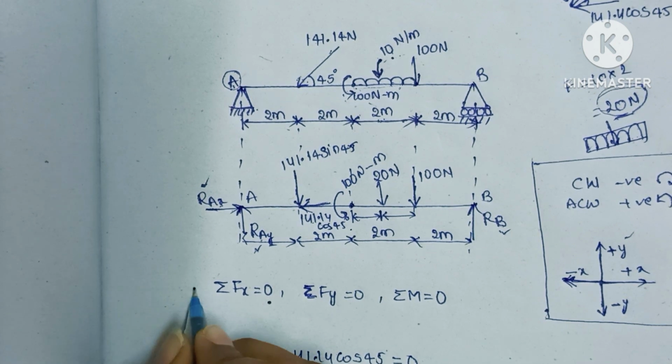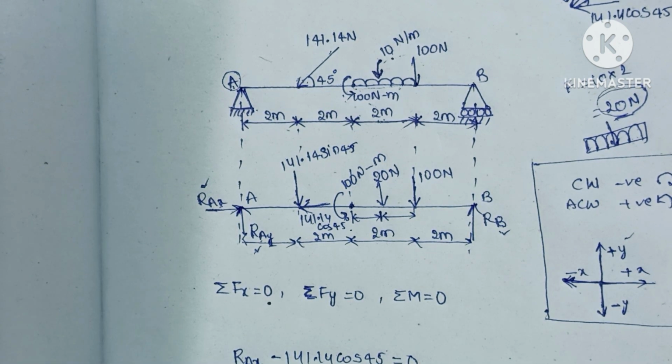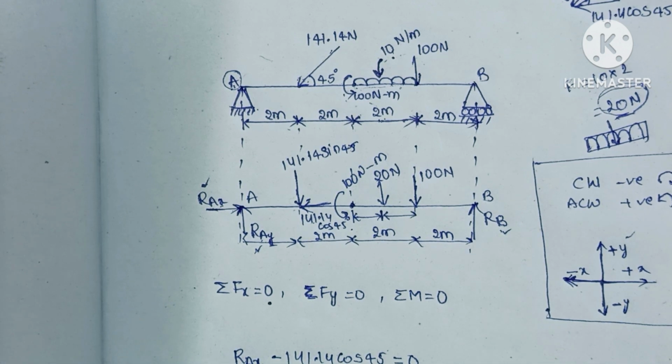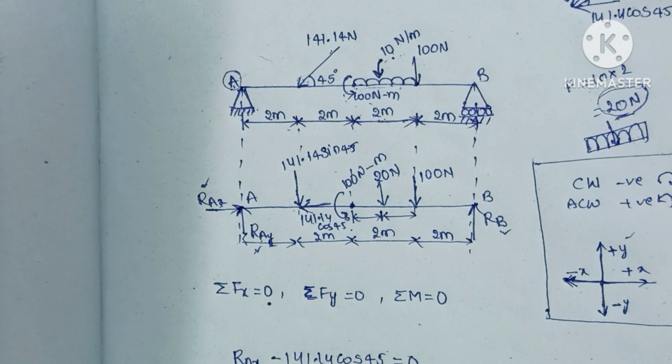This is the first static equilibrium condition. From here we got RAX equal to 141.14 cos 45.